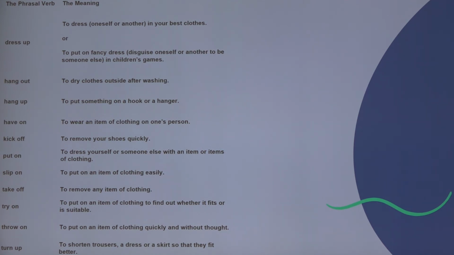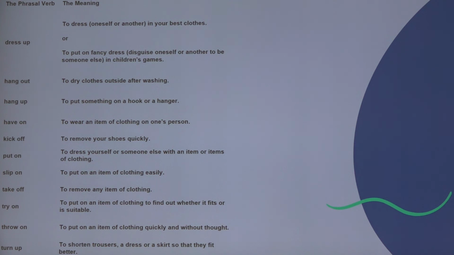Then we've got have on, to wear an item of clothing on one's person. We've got kick off, to remove your shoes quickly. Put on, to dress yourself or someone else with an item or items of clothing. Then we've got slip on, to put on an item of clothing easily.